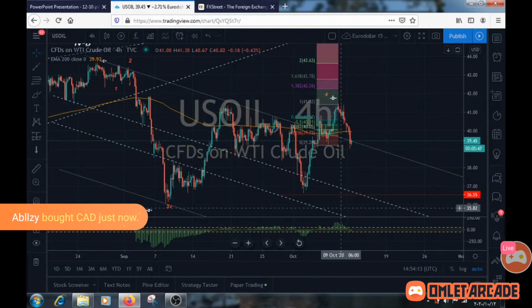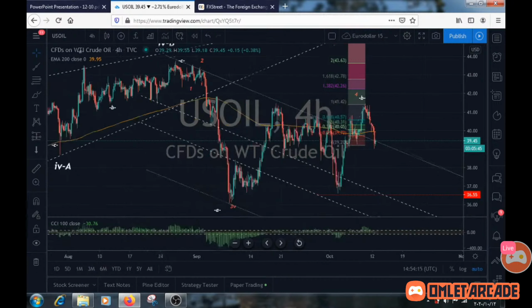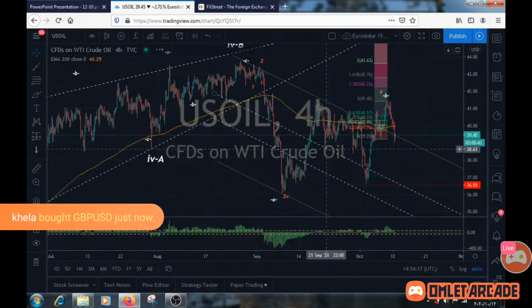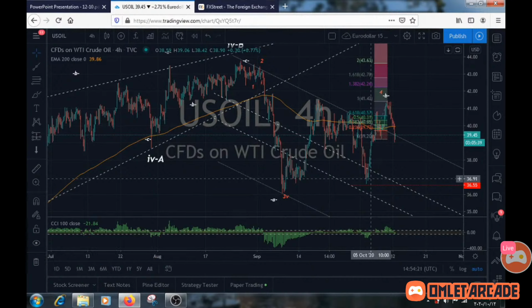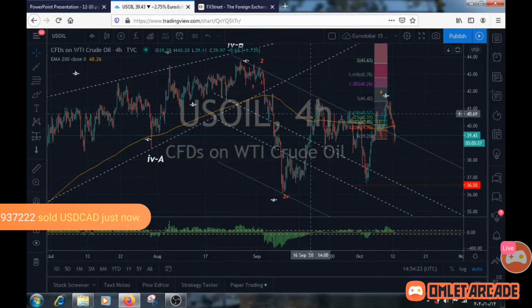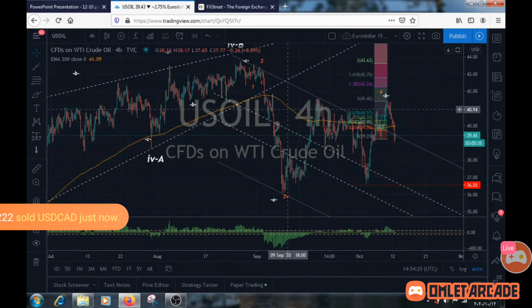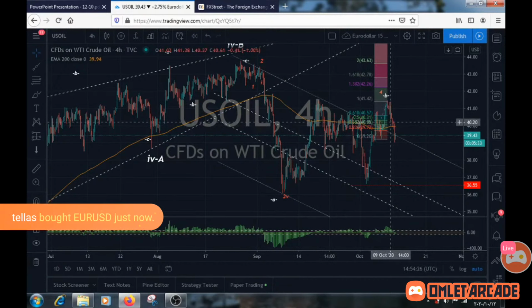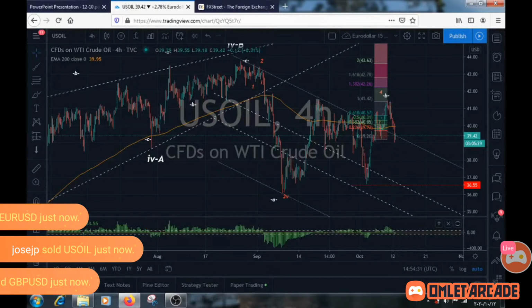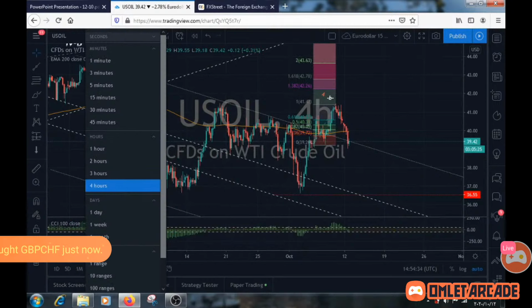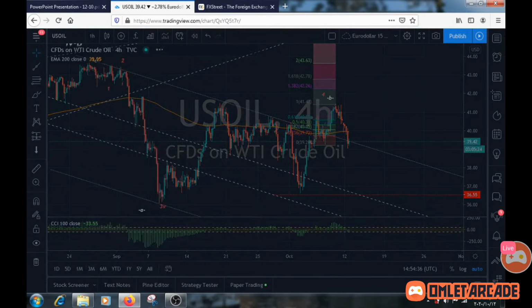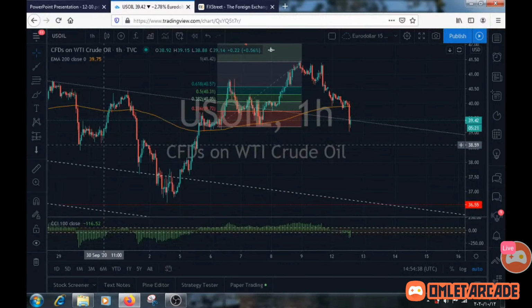Our analysis holds. We believe that we have bottomed, the market has now bottomed, and we are rejecting above. The Elliott structure is not yet clear, and as such we believe we're going to need to see a formation.